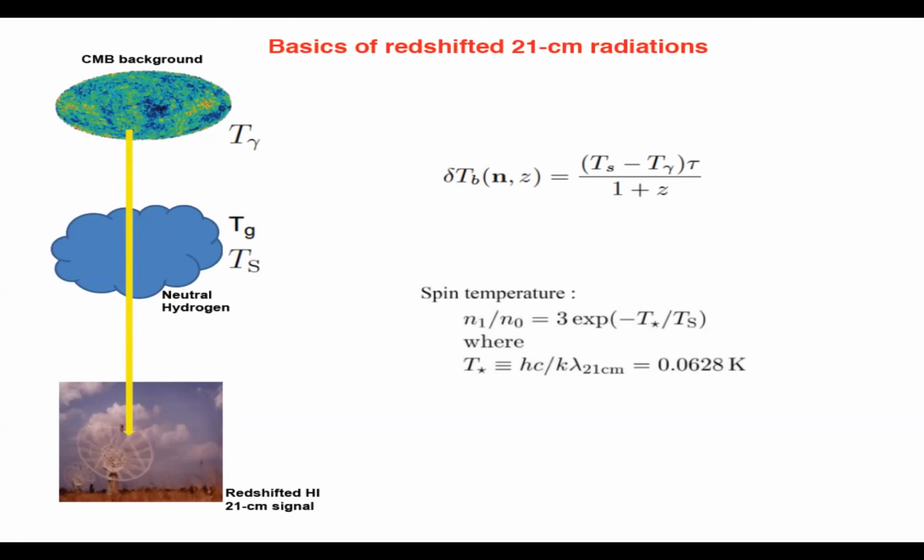The change in the brightness temperature of the cosmic microwave background signal is the quantity of interest here, which is delta T_B. So it is basically the change in the temperature of the cosmic microwave background signal if there is neutral hydrogen. That is called the differential brightness temperature: the difference between the CMB temperature and the temperature that we observe with the telescope.